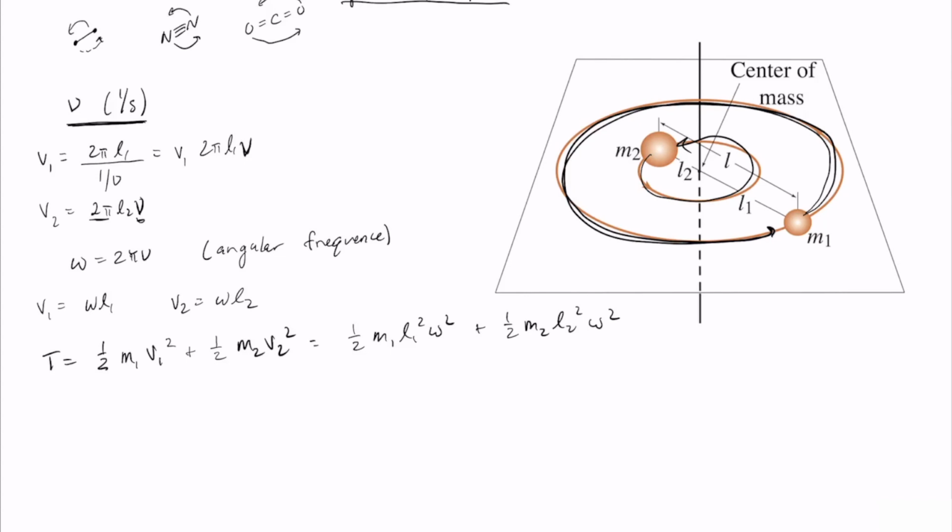Okay, now we're going to rewrite this in a slightly different way. So we're going to just group some things. Write this as 1/2, and we do m1 L1 squared plus m2 L2 squared times omega squared. And now we make a definition.